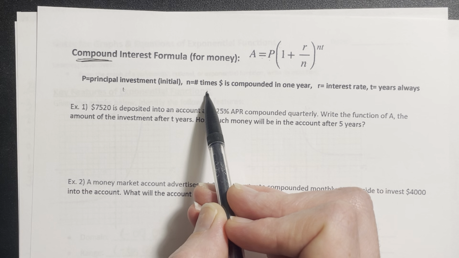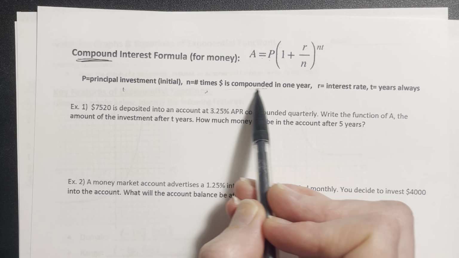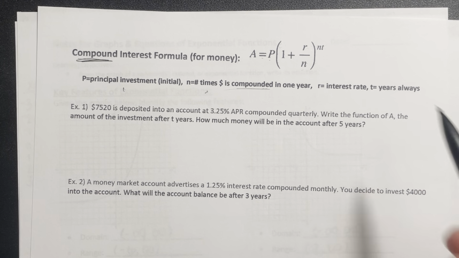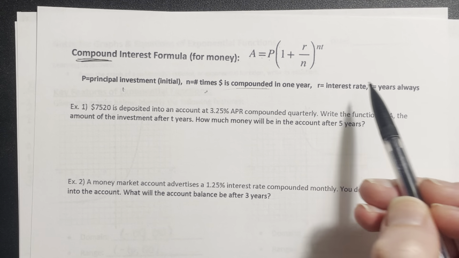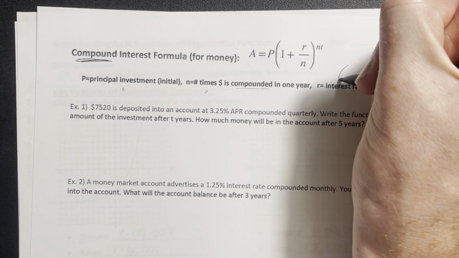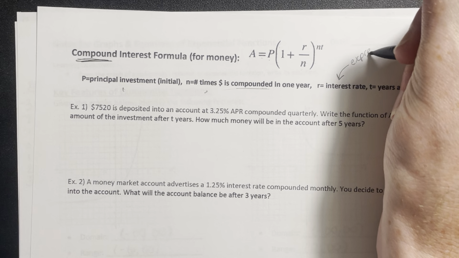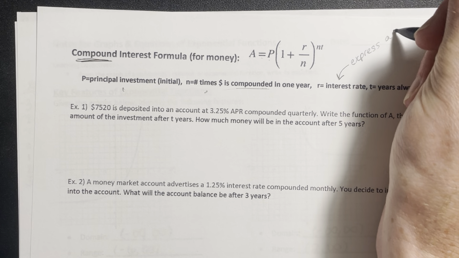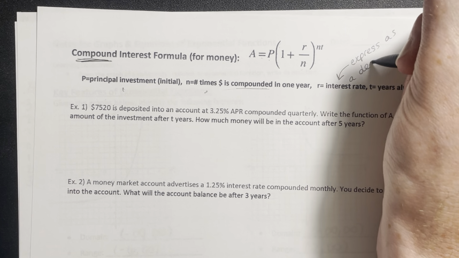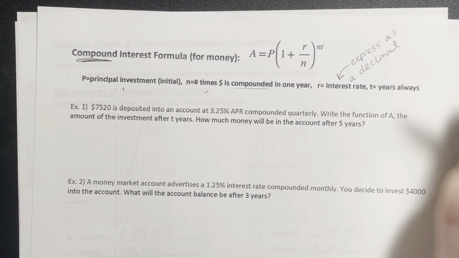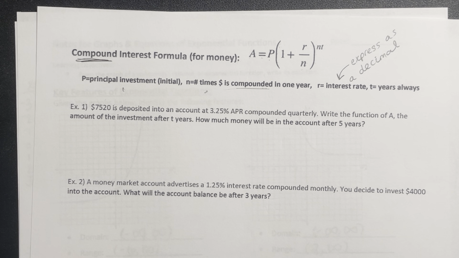So you're going to see things like compounded monthly or daily, quarterly, annually, however many times it's compounded that year is n. r is our interest rate. This always needs to be expressed as a decimal. And then t would be however many years that we're working with.